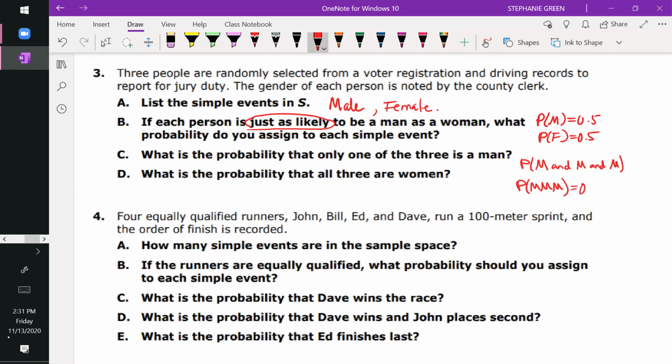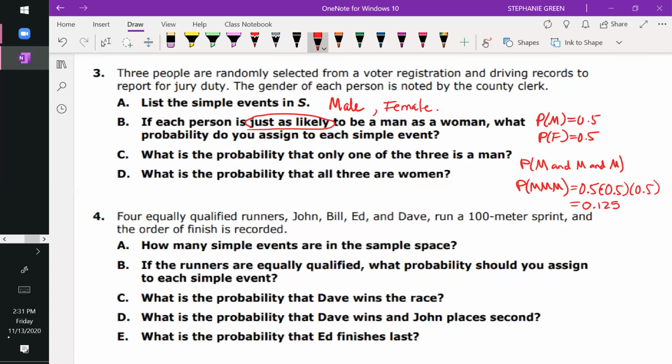The probability you get a man is 0.5 times the probability of another man is 0.5 times the probability of a third man is also 0.5. So 0.5 times 0.5 is 0.125.